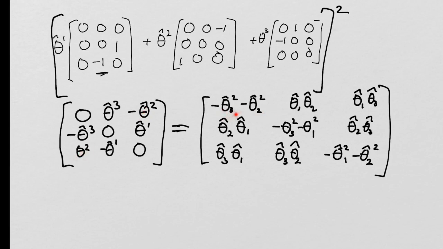So now here I've taken the indices and I've moved them into the subscript so I can square things easily. So that's why I've changed from superscript indices identifying the parameters to subscripts. So here all the superscripts are just squares which appear in the diagonal. This guy here is this row times this column, so it's 0 times 0 plus 0, then it's minus times minus, so it's a plus, theta 2, theta 1, theta 1, theta 2.